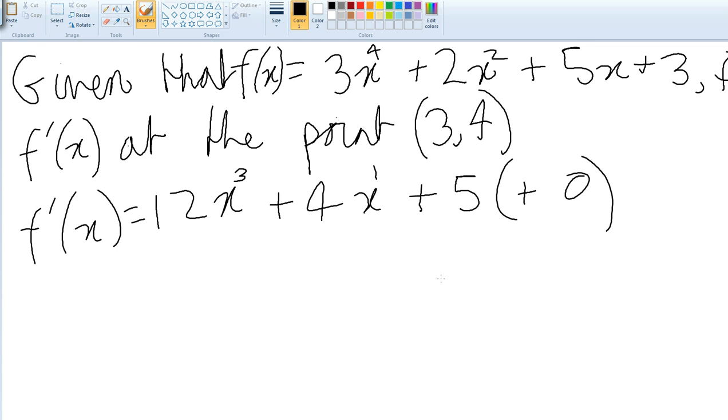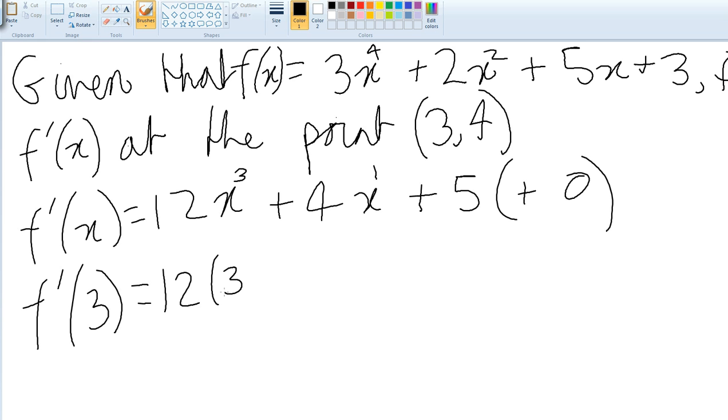But now we need to find the gradient at the point (3, 4). So we put our value of 3 into that, so f dashed 3 equals 12 times 3 cubed plus 4 times 3 to the 1 plus 5.